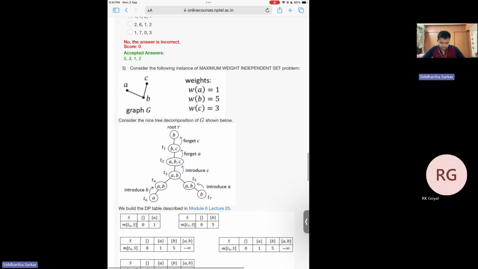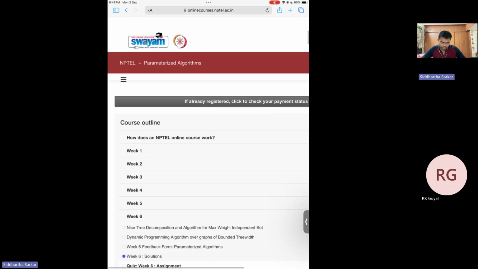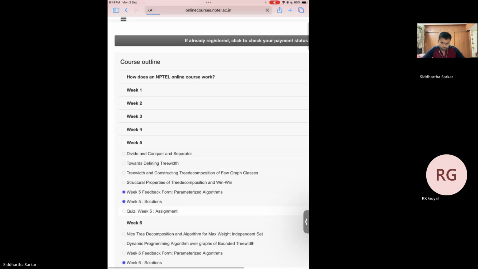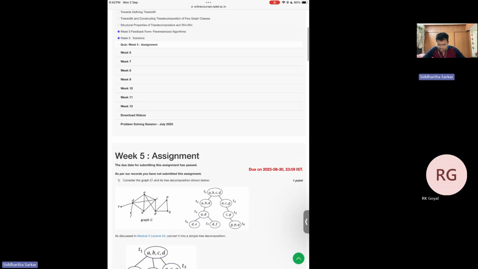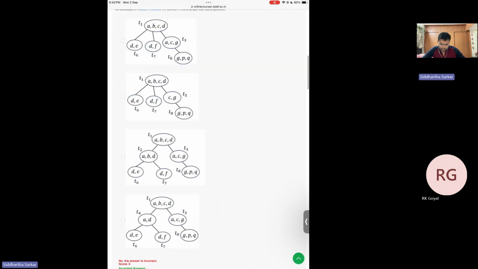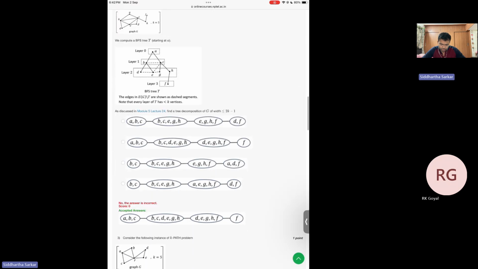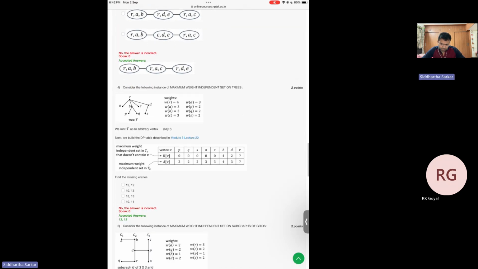But before looking at this DP, just to recall what we have already seen, let's see last week's DP, because that was much easier. This is slightly more complicated, although it is demonstrating a different thing, nice tree decomposition. So this is a picture that we had.